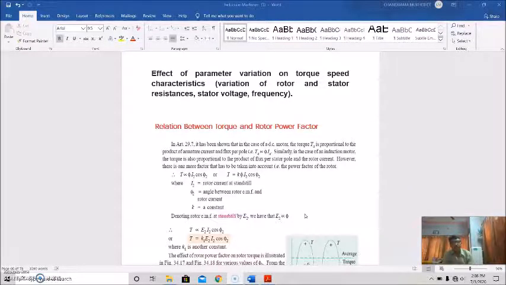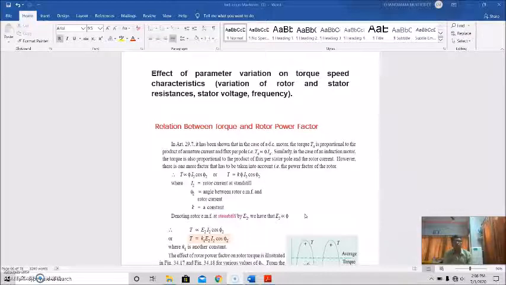Not only that, we have covered different types of losses, efficiency calculations of induction machines. Also we have worked out some related problems.